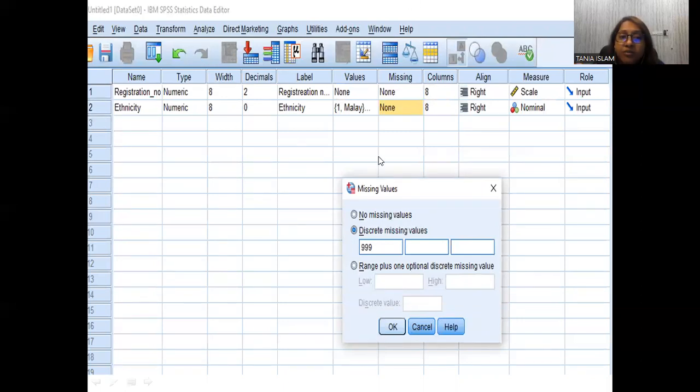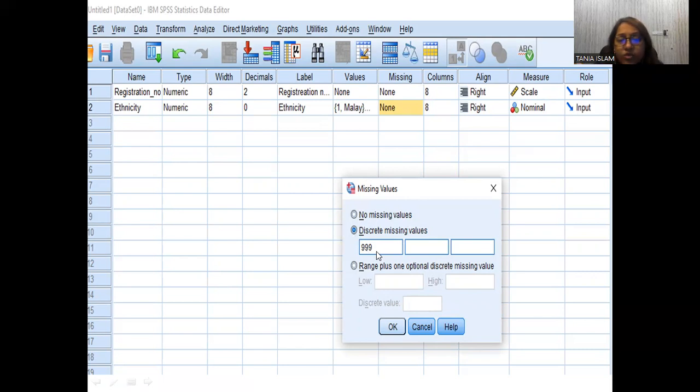Another important thing when you enter your data is the missing variable. Sometimes we don't have any missing variable, but sometimes we can get missing information. Sometimes we put only a dot, or we keep it blank, but in case you need to analyze something and take out the unknown or missing variable, you need to label it. You can click here, discrete missing values, and then you can put 999.